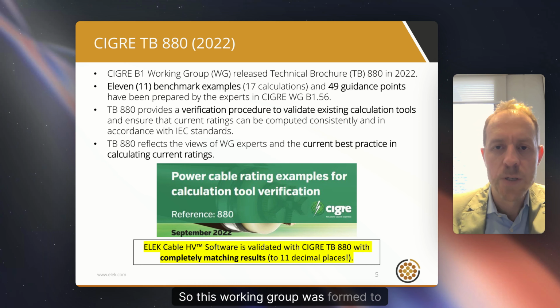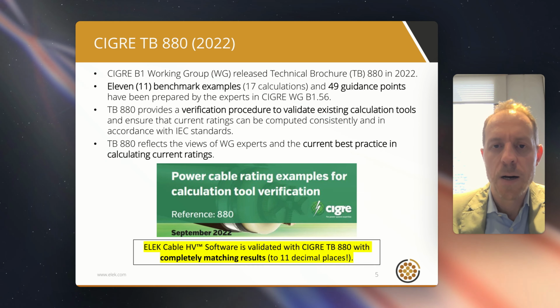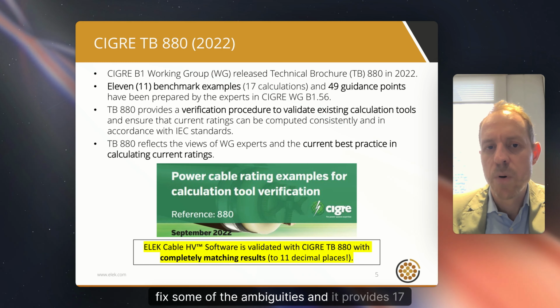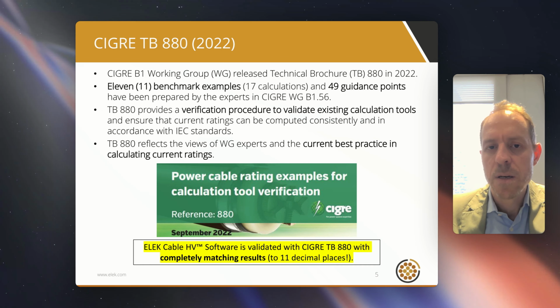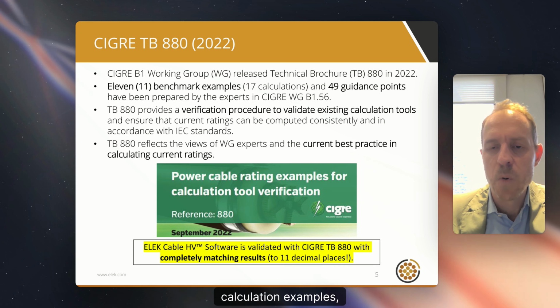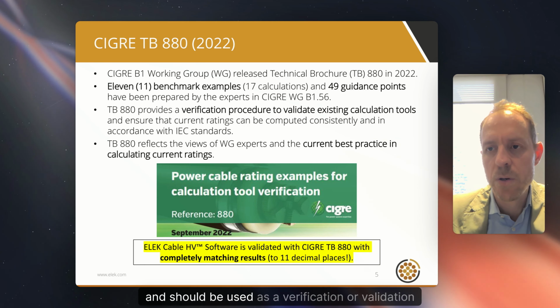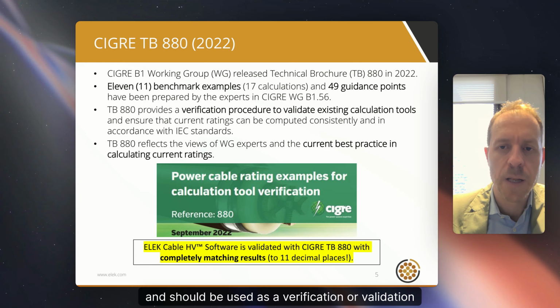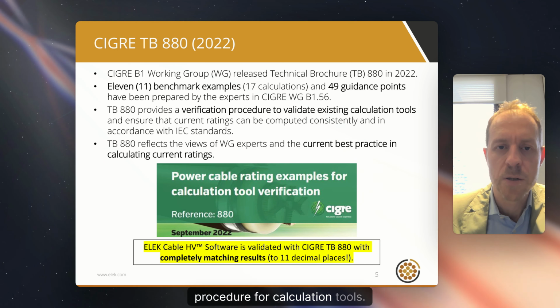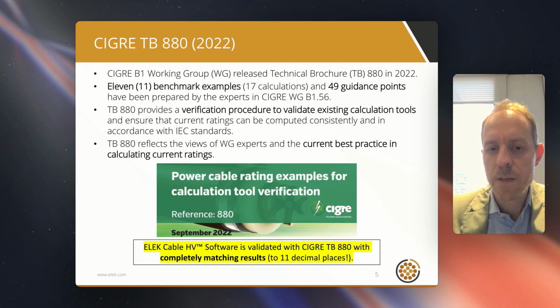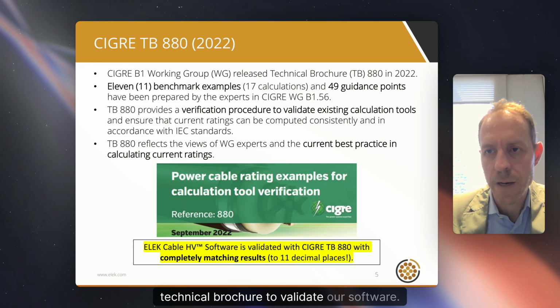So this working group was formed to fix some of the ambiguities, and it provides 17 calculation examples and 49 guidance points, and should be used as a verification or validation procedure for calculation tools. That's its intention.